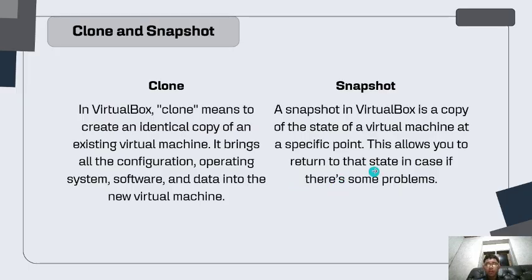So if there's any problem when you do the new configuration and you want to use the previous configuration, you can just use the snapshot tool to get back to the previous configuration.